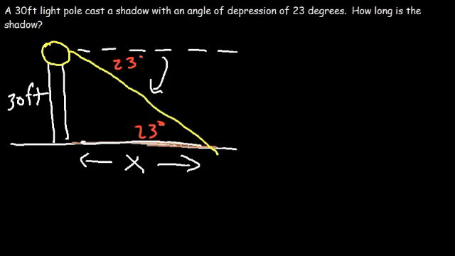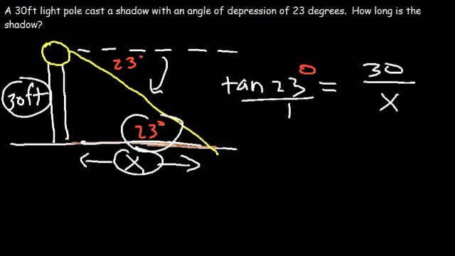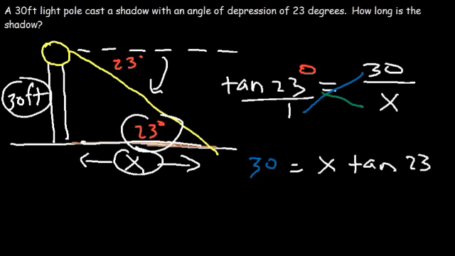So again, we have to use the tangent ratio. Tangent of 23 is equal to the opposite side, which is 30, divided by the adjacent side, which is x. So let's cross multiply. 1 times 30 is 30, and x times tan 23 is x tan 23 degrees. So to solve for x, we need to divide both sides by tangent 23.